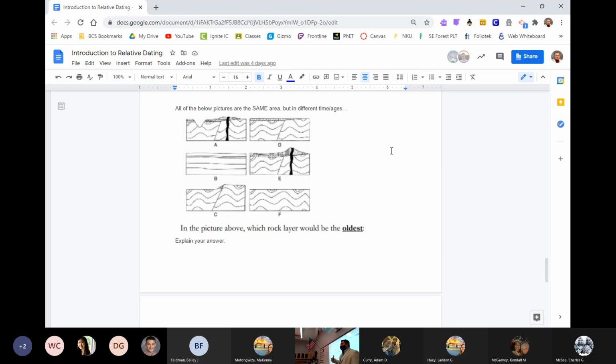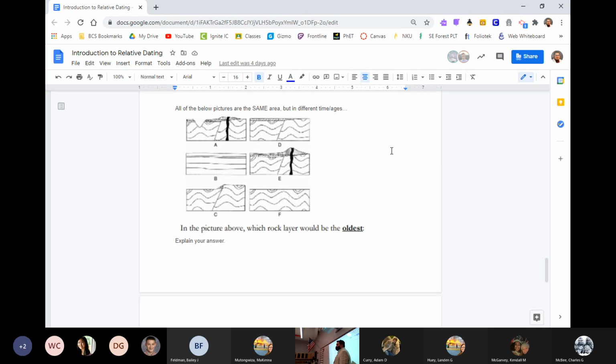Did it get cut? Did it uplift? Did it fold? Did it erode away? What event happened first, second, third, fourth? They're all the same picture here. I think you all know what the first answer is, right? Which one came first? It's all horizontal, right? So B came first, and then cut.